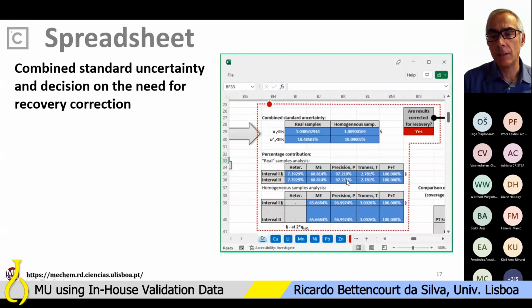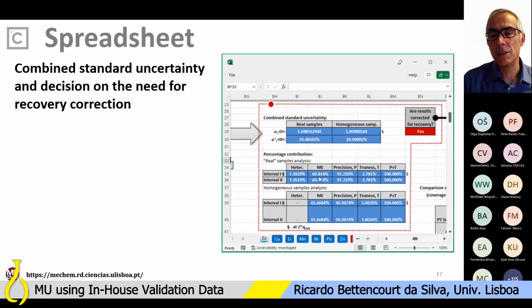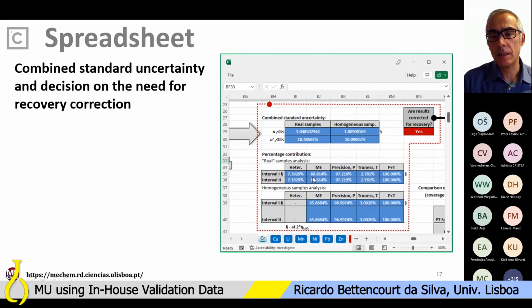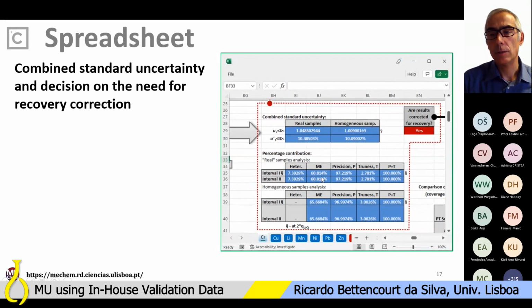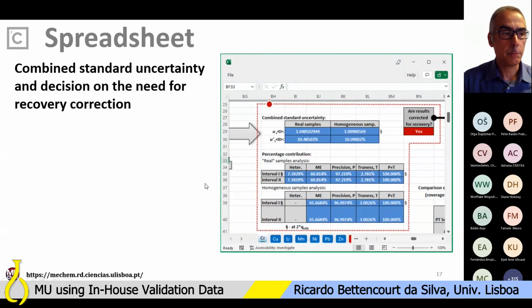So we have precision and trueness together will be 100%, and from both these two parts, we can also distinguish the component for matrix effects and from sample heterogeneity to understand how relevant these contributions are.